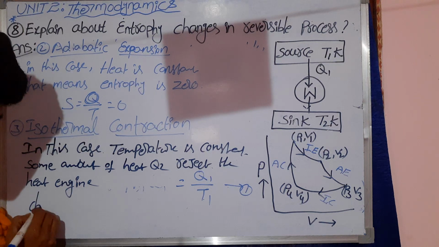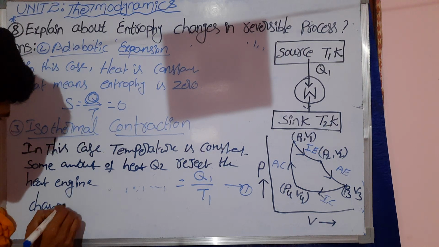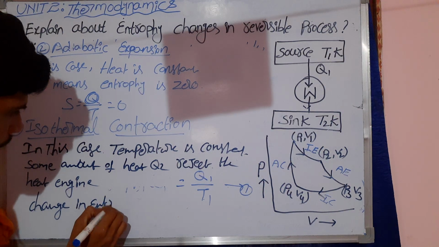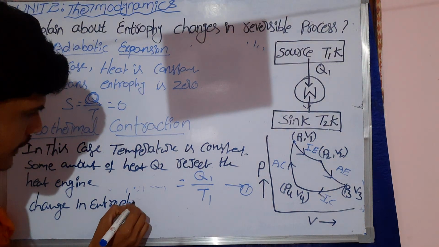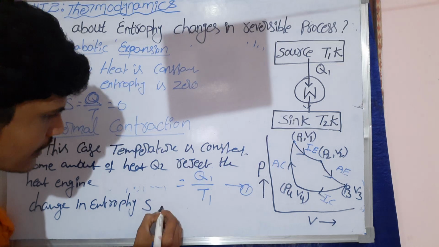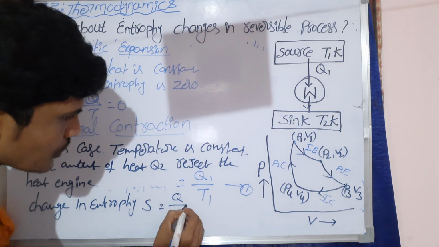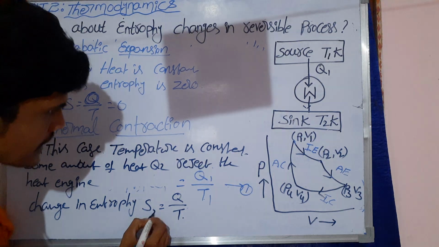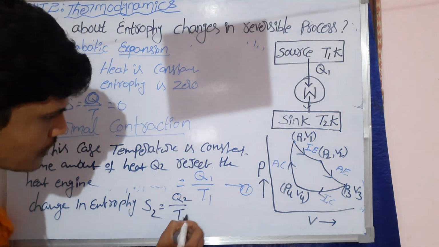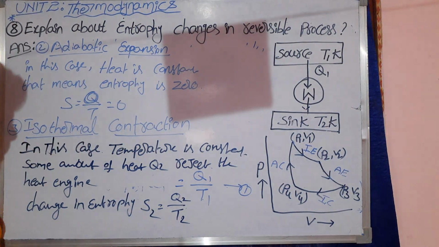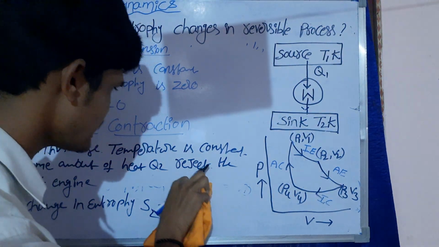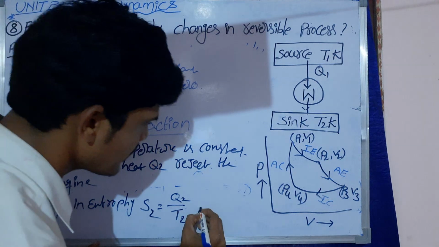The change in entropy is S equals Q by T, so S2 equals Q2 by T2. This is entropy equation number 2.